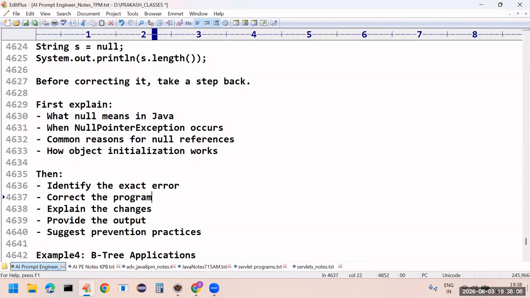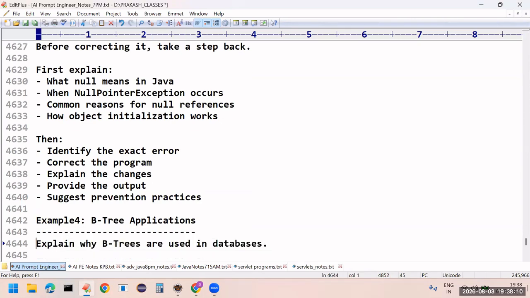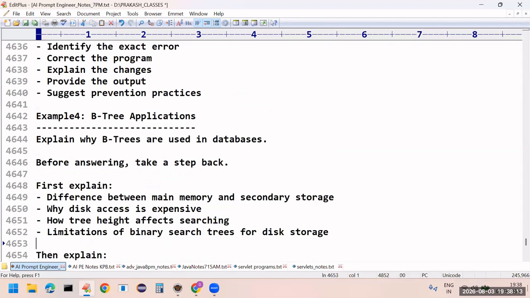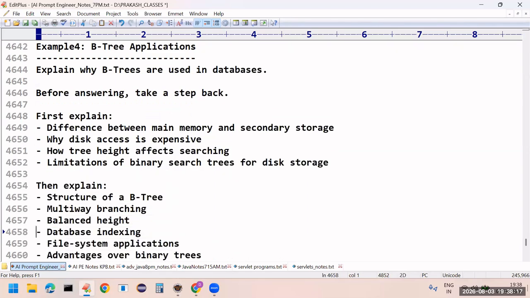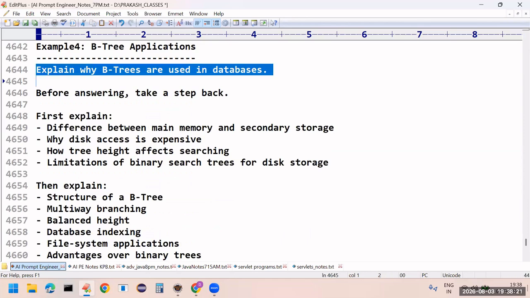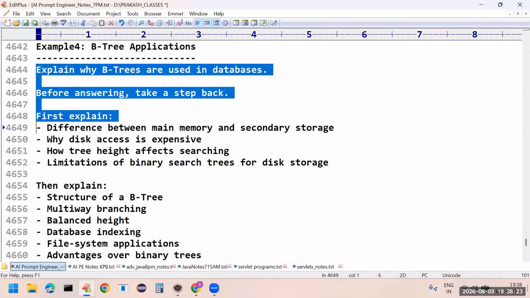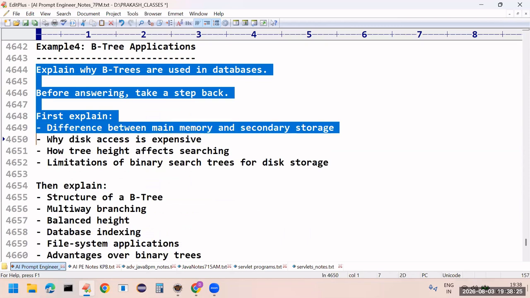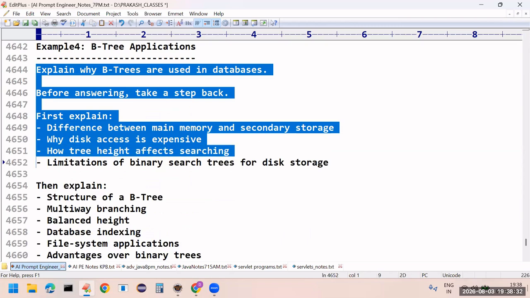Sir, next example number 4. B-tree applications. Actually, it is a concept used in data structures. So explain why B-trees are used in databases. Before answering, take a step back. First, explain the difference between main memory and secondary storage. Why disk access is expensive.